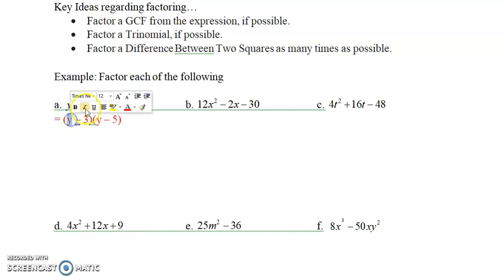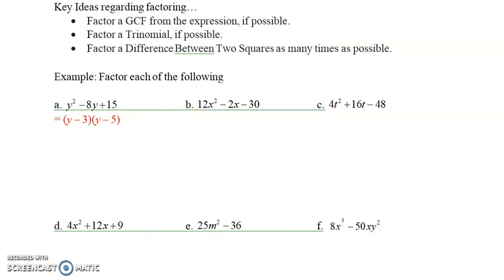So two numbers multiplied together to give you positive 15, added together to give you negative 8. Remember, there aren't very many choices. All you can have is 1 and 15, added together it'll give you 16. And 3 and 5 is the only other option. So you have two options. If not, then it doesn't factor. Simple as that. So we get y minus 3, bracket y minus 5, right there, first factor.